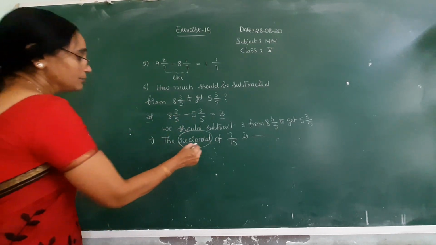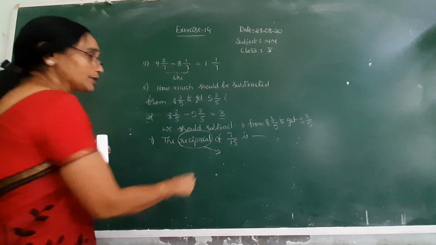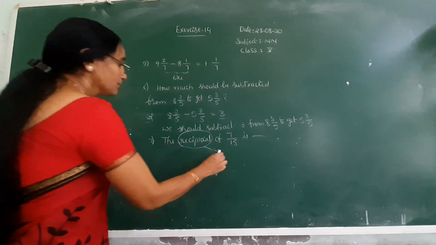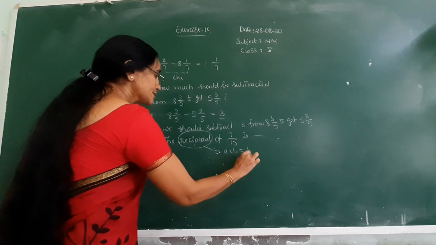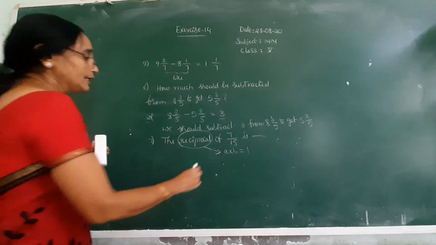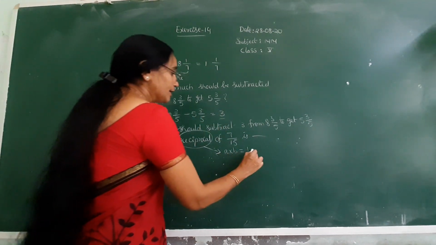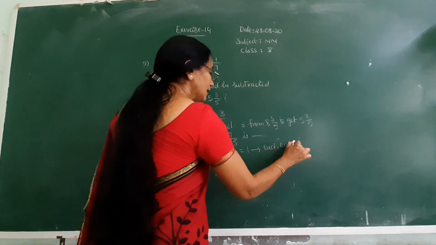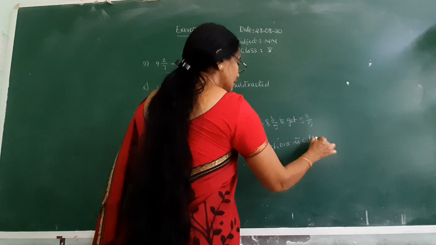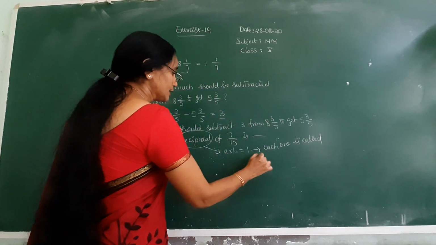So reciprocal means when you multiply two numbers and the product is 1, then each one is called reciprocal to the other.